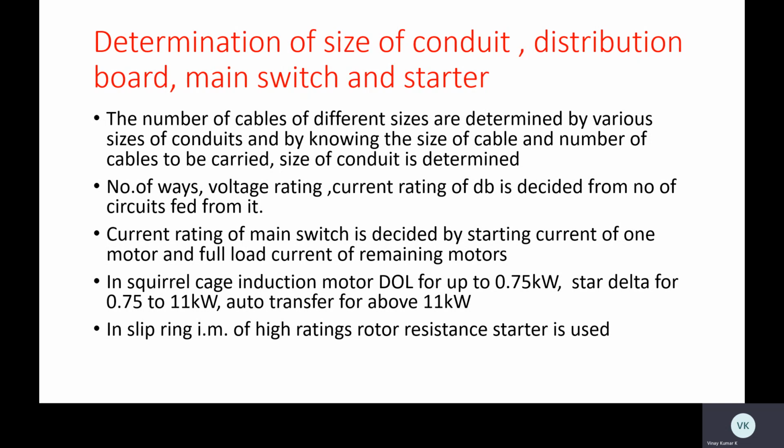If it is up to 0.75 kilowatt, we use a DOL starter, if it is between 0.75 and 11 kilowatt, we use a star delta starter, and for above 11 kilowatt, we use an auto transformer. Similarly, in slip ring induction motors for high ratings, a rotor resistance starter is used.